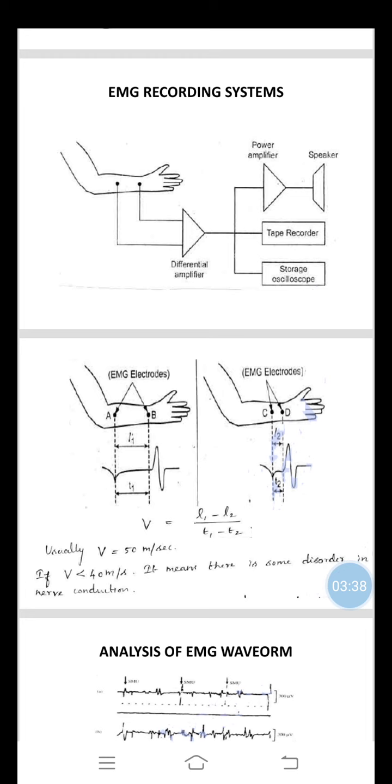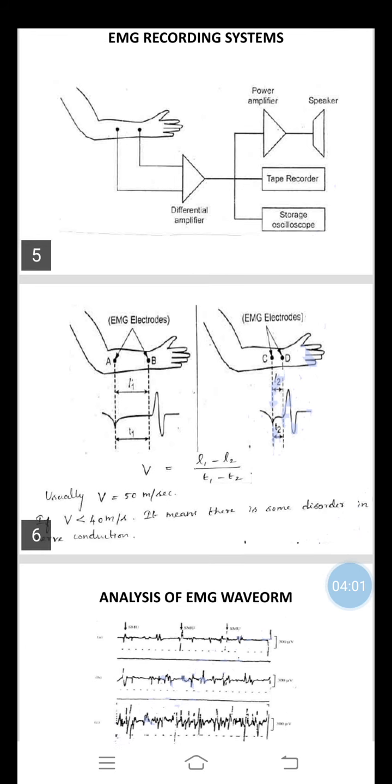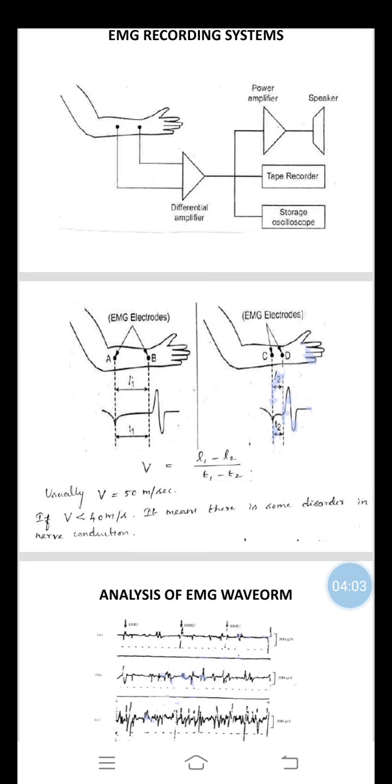In the upcoming slide, the electrodes will be placed in two different places. First, on the left hand side, the electrodes will be placed at A and B, two places. Here the distance between points A and B will be L1, and the time taken to measure the muscular activity between A and B will be T1.